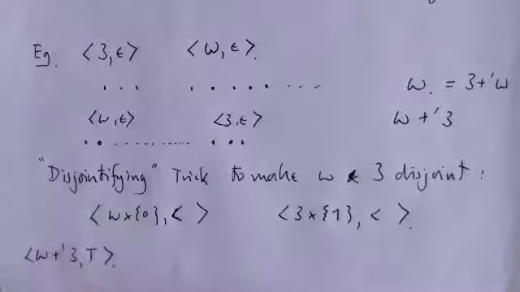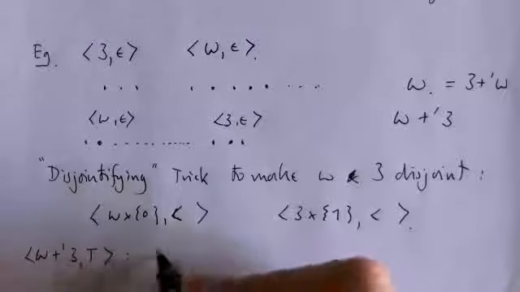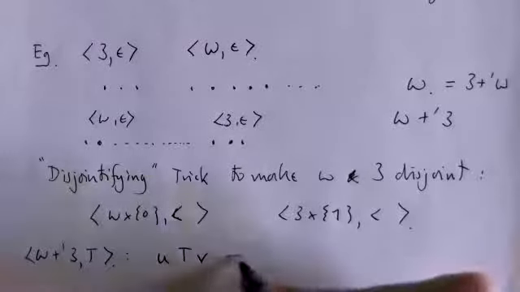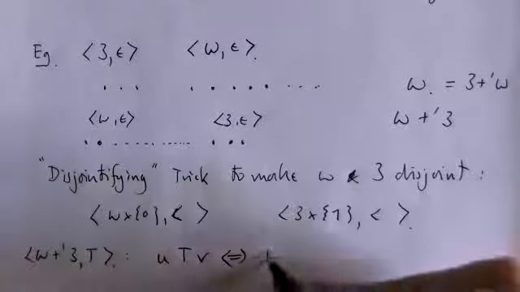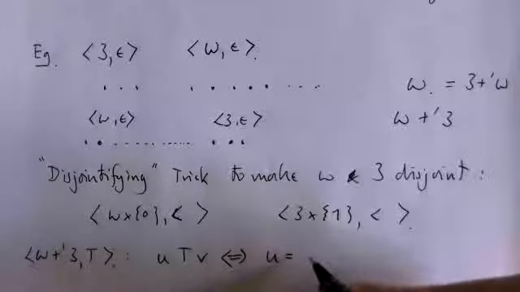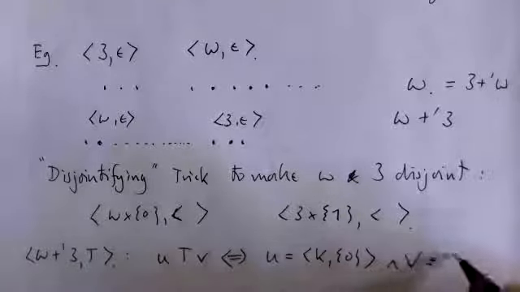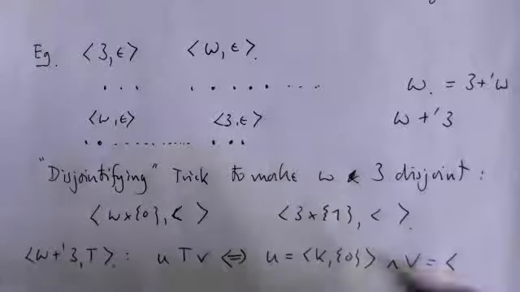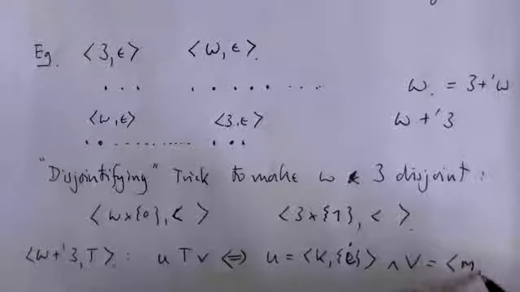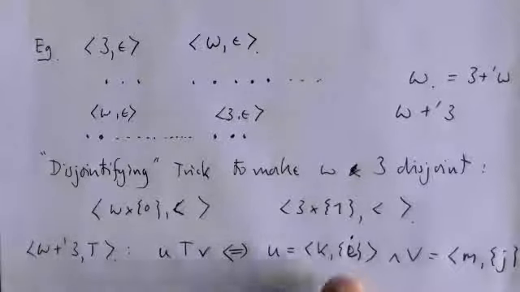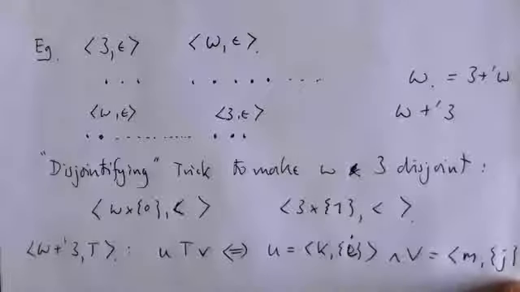The order here arising from this was, I put u comes before v if and only if, well, u equals something of the form k0, and v is of the form, let's say ki, v is of the form mj, and if i equals j, that means they're in the same block.